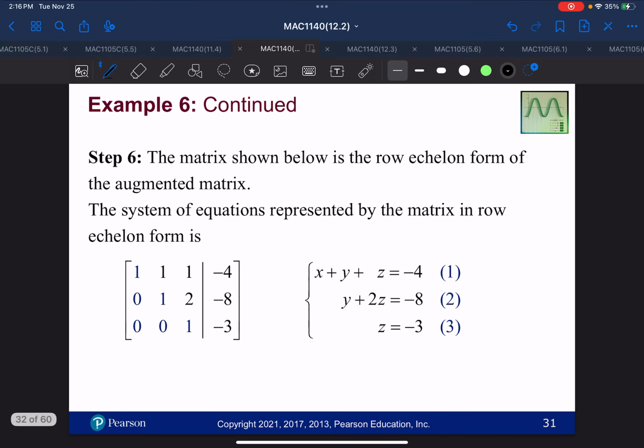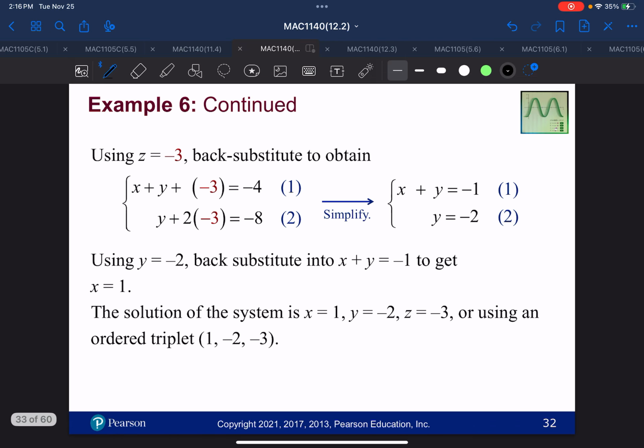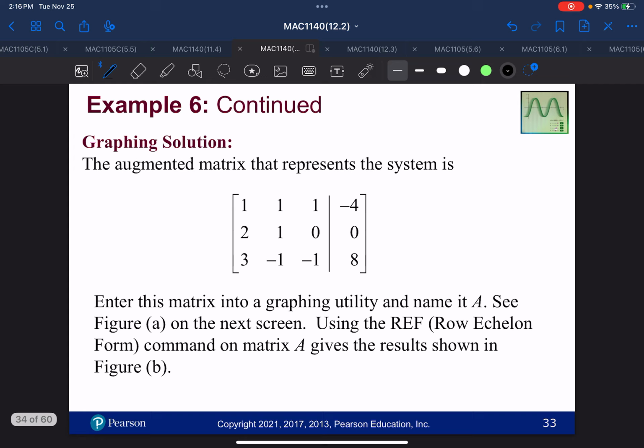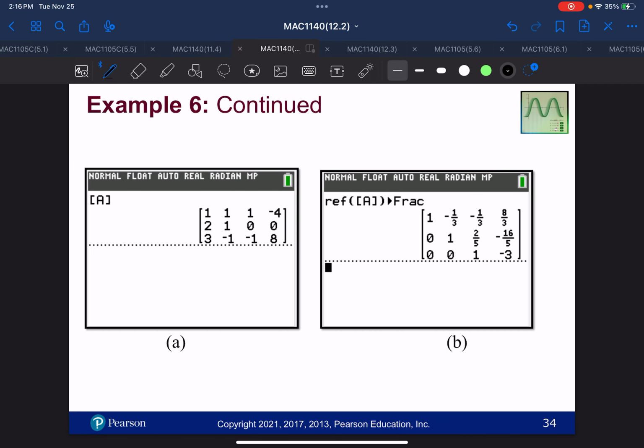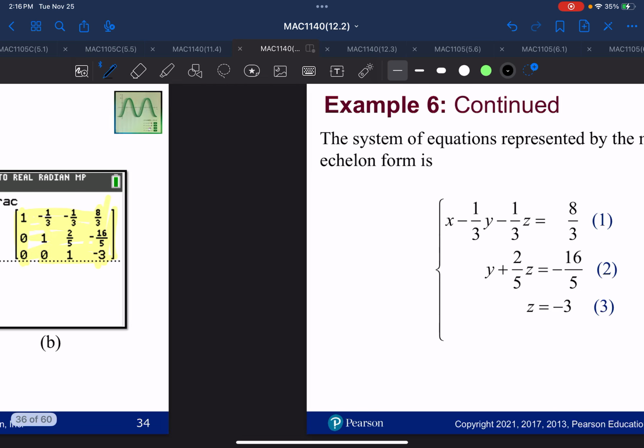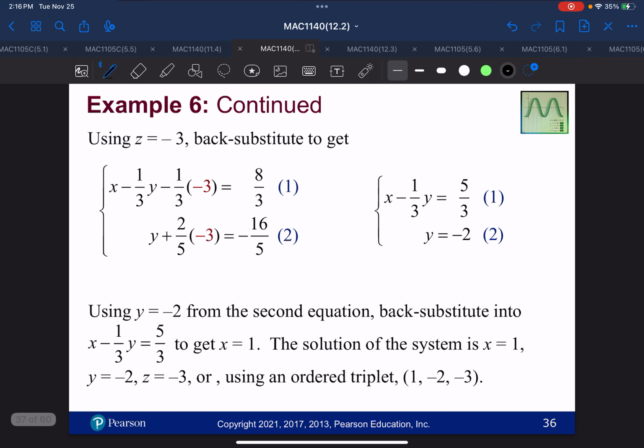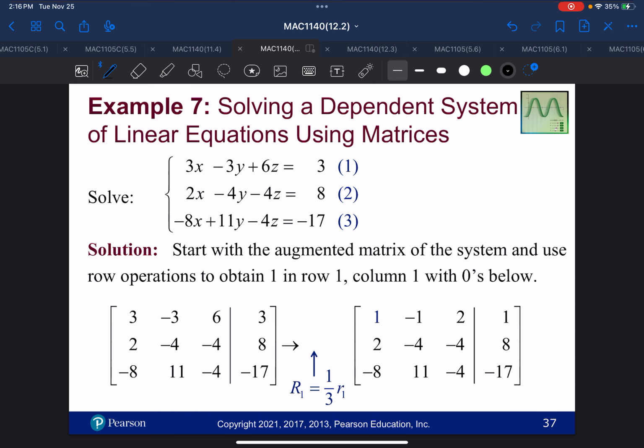They did the row operations, got it in row echelon form, and found the same answer, 1, -2, -3. They also showed their row echelon form from the calculator, which is the same as what we got in the calculator. Okay, so I'm not going to go over that.